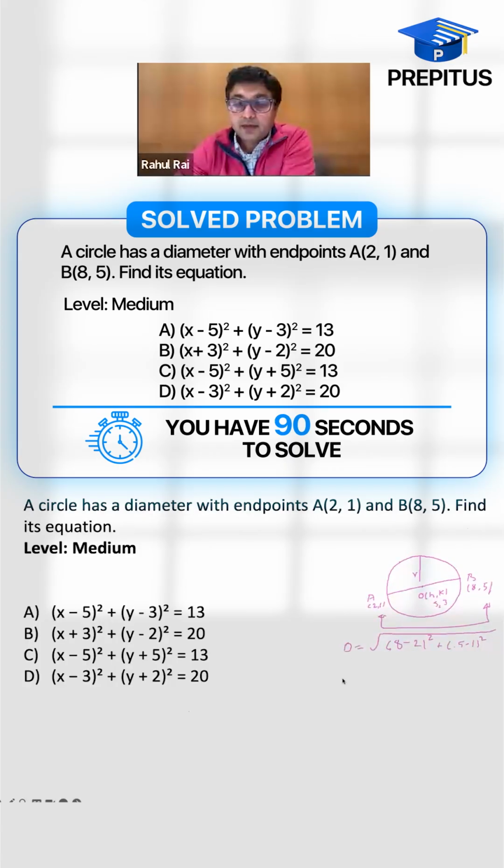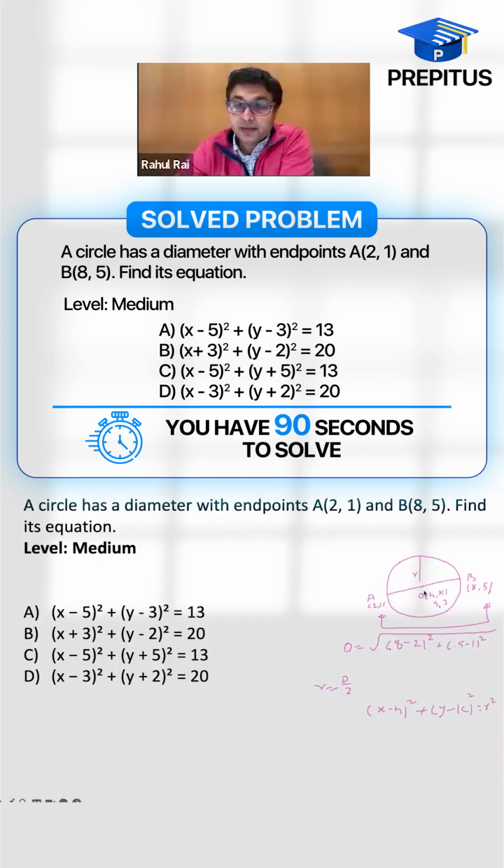If I take this diameter and divide it by 2, that will give me the radius. And then I can use the equation x minus h squared plus y minus k squared equals r squared. So those are the steps, right?